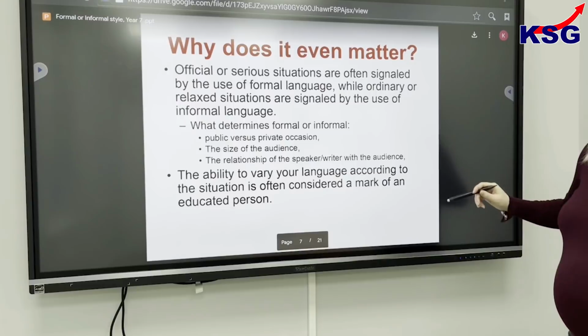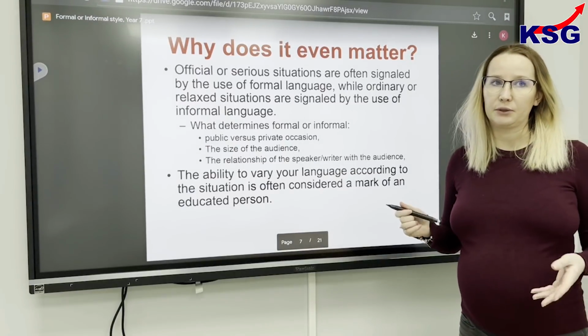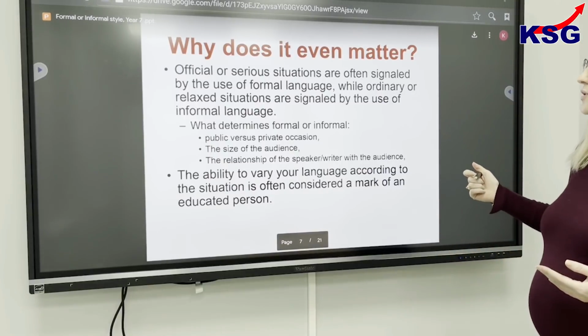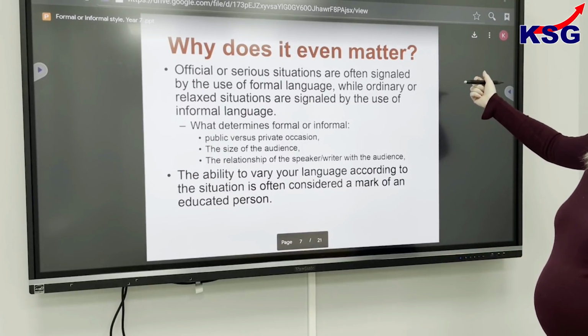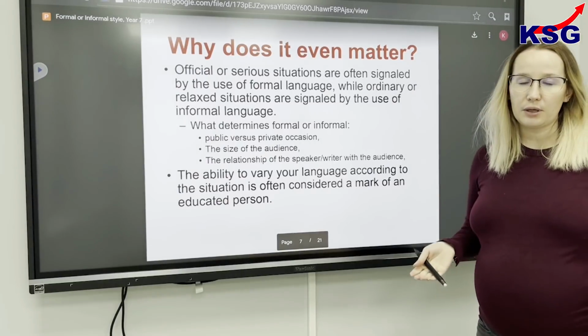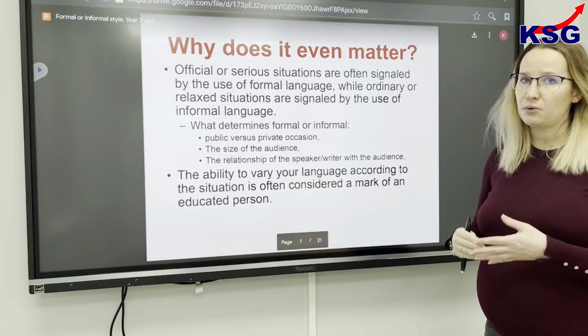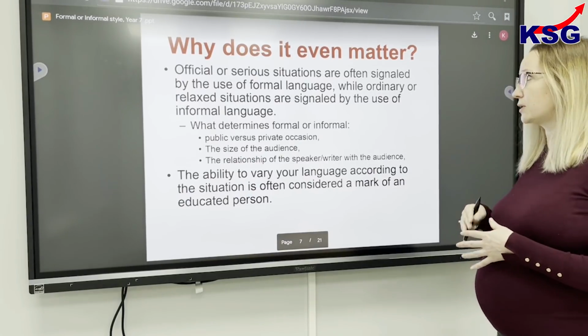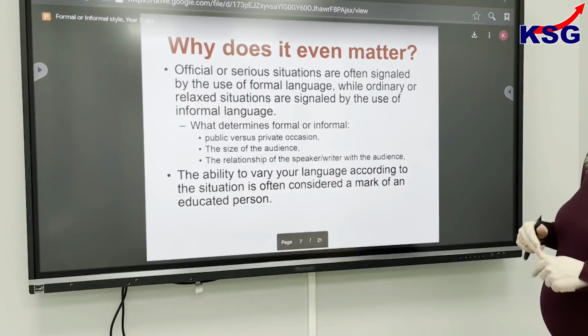Why is it important to know when to talk formal and when to talk informal with the ones next to us? Official or serious situations are often signaled by the use of formal language. So what is important to know is that in serious situations we need to use the formal language.